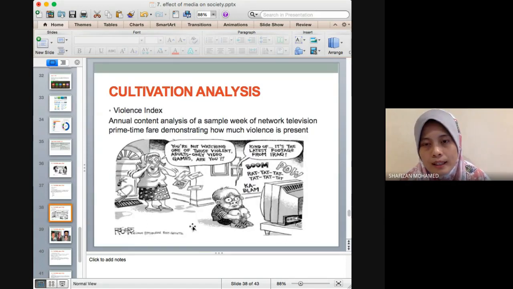So like here, there is a violence index. Sometimes they use a long-term study to look at the impact of violence, because media is always considered as promoting violence, especially to children. When we talk about violence, it's not just in terms of movies or video games. It can be in the news.